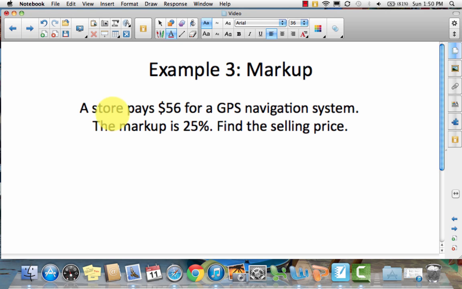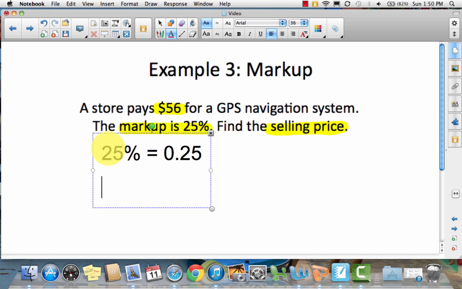Our third example is a markup, and we find out here that the store pays $56 for a GPS navigation system, and they're going to mark up the price by 25% so that they can make a profit, and we want to know how much they're actually going to sell it for. So again, I find my percentage, 25%, move the decimal point 2 times to the left to make it a decimal, 0.25.